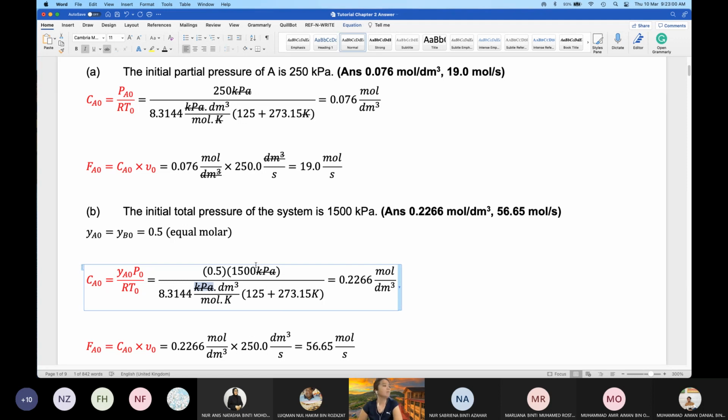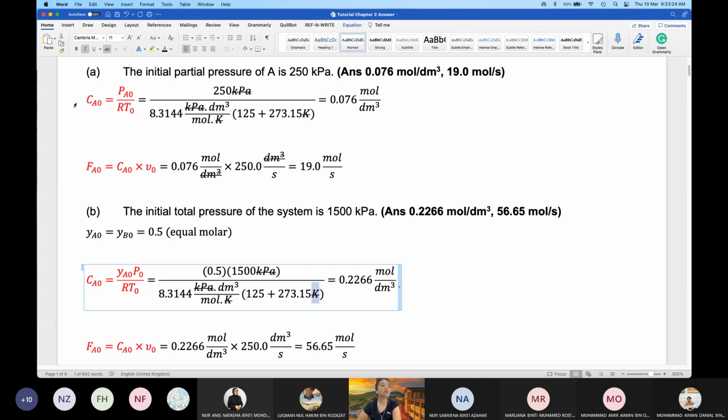Next step, multiply with T naught. The temperature is still the same, 125 Celsius, but since the R value has temperature unit Kelvin, I straight away convert my temperature from Celsius to Kelvin. From 125, to convert to Kelvin, you just add 273.15.